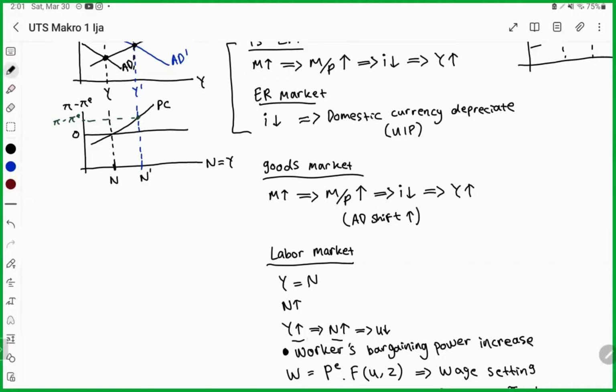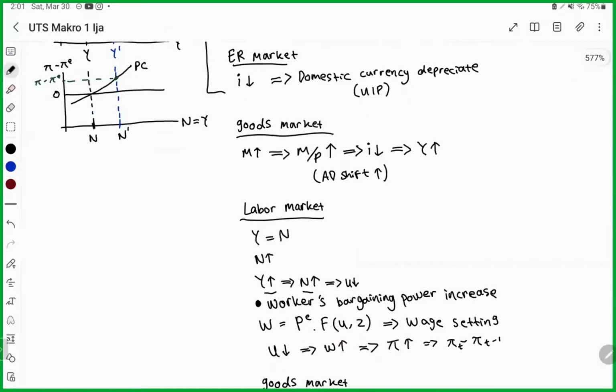When GDP increases, it means the amount of labor needed increases, which means unemployment decreases. When unemployment decreases, workers' bargaining power increases, as we can see from the wage setting equation. So from this point, let's call it A point, it goes to the next point. Okay, so that's the labor market equations.